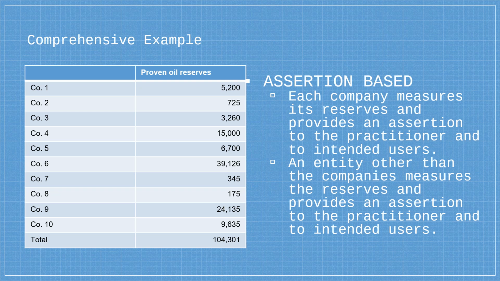Or it's possible that an entity other than companies 1 to 10 would measure the reserves and provide an assertion or subject matter information to the practitioner and the intended users. Again, the subject matter information is available to the intended users.